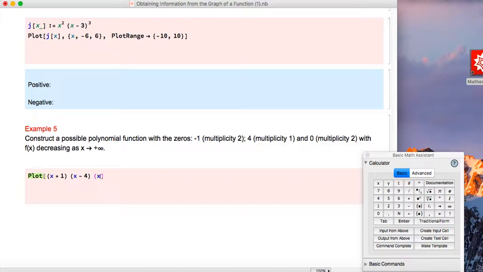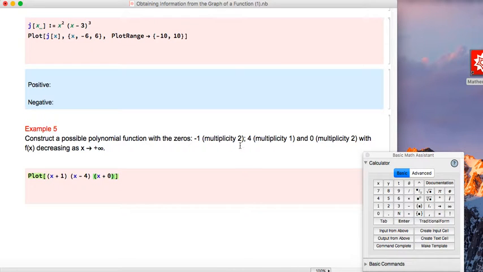You could say x plus 0, or you just keep x, it doesn't matter. Then we also need to consider multiplicity, which means the exponents: how many times a factor is multiplied.